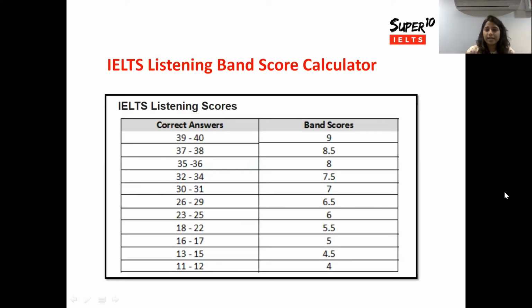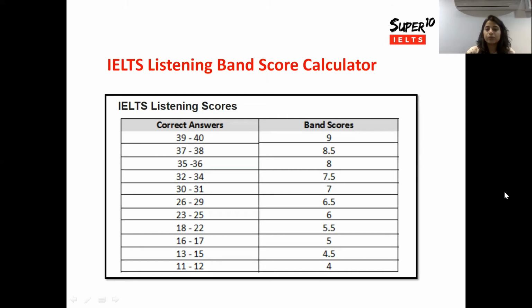Here is the band score calculator we have, correct answers and band scores. For example, if you score 23 to 25, then you get the band score 6.